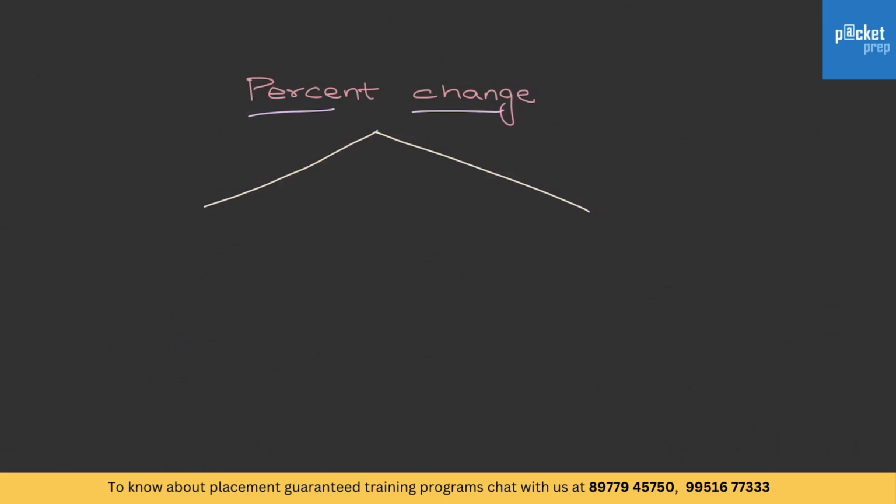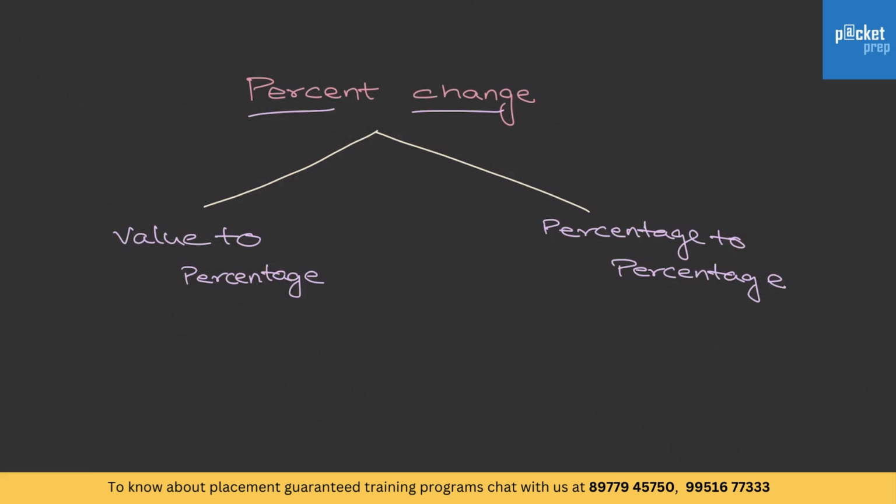And this type of problems are divided into two cases, value to percentage and percentage to percentage. In the first case, they will be giving us some value x, and they'll give us that it is increased or decreased, or if it's a price it is saved or discounted, and its new price is x1.